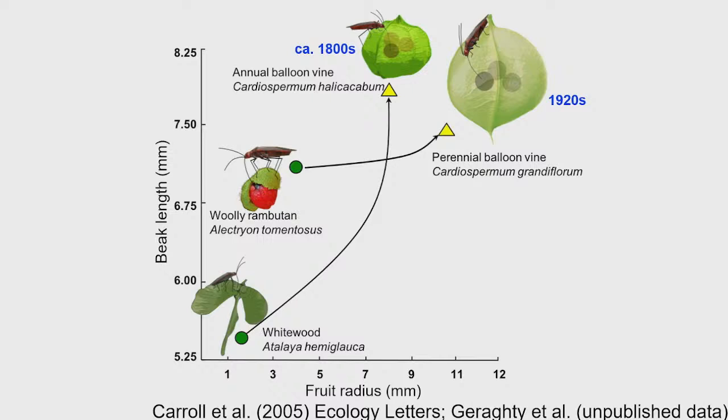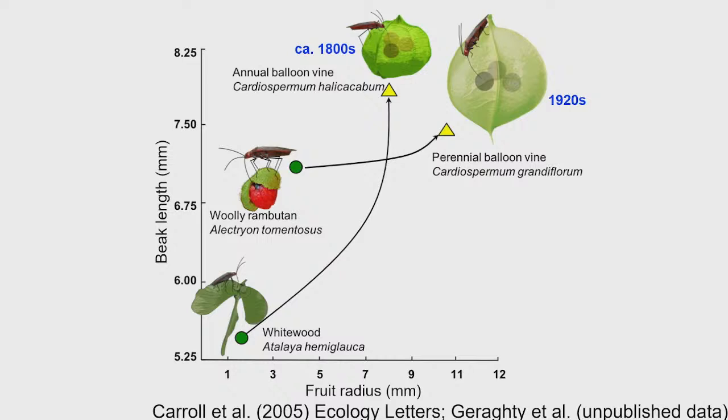Our data confirm earlier reports by my friend Scott Carroll, which showed when you look at sympatric populations of host plants in the environment, and we do these comparisons between the native host plant and the invasive host plant, when you compare the fruit radius, in other words, the size of fruit, to the beak length, you can see in this instance almost a 38% increase in beak length. And by the way, we had these insects for multiple generations in the glasshouse, so we know that this is genetic and not just environmental.